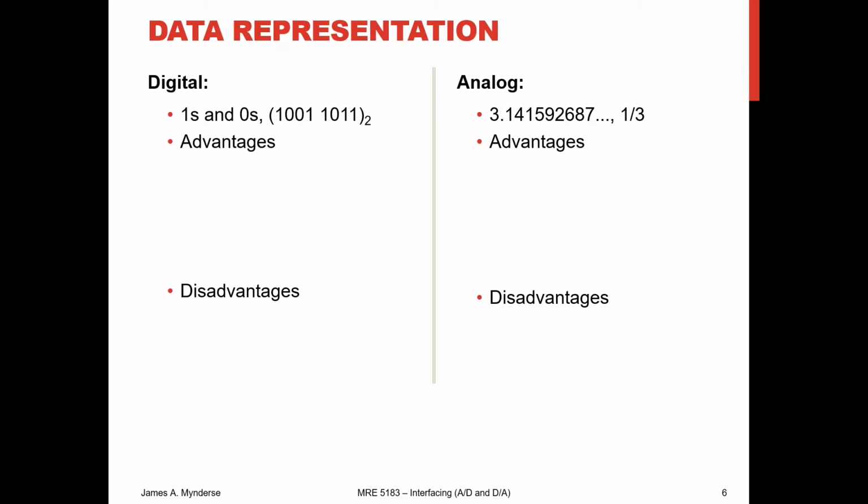If we think about advantages and disadvantages of each of them, digital we know is going to be easy to manipulate using a computer. That's why we do it, because we need our computer to work. It's also going to be less susceptible to noise. We talked a little bit about noise margin previously. Noise margin is a good reason for digital because you can have a little bit of immunity to noise there. But unfortunately, as I was just showing you with that number line, we have finite precision with our digital numbers.